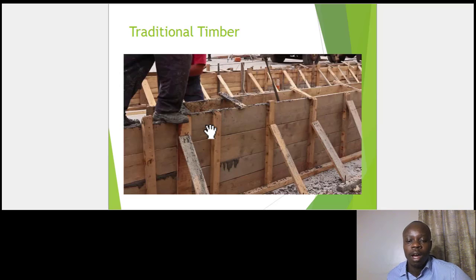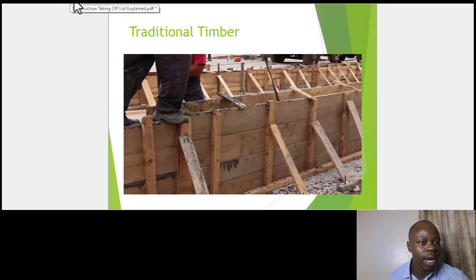For the substructure, this is what we've been dealing with. We've been going about the substructure works. For the substructures, for our simple plan, just to remind those who are joining us for the first time, there is that particular plan that we've been using.